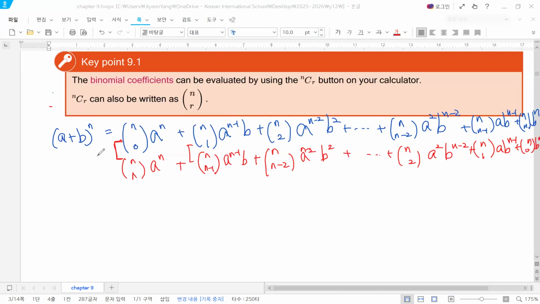The reason that I told you that they are the same is because in the first line, the number here is matched with the index of b, right? Are you with me, students? But in the second line, I wanted to match this number to the index of a. Do you understand? Okay?